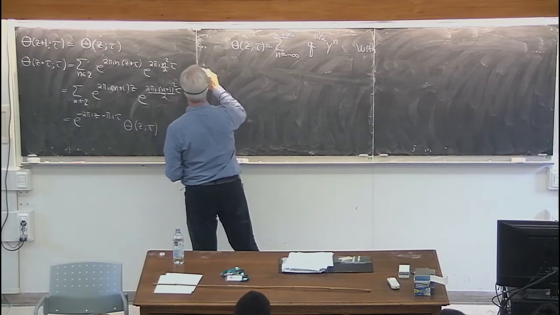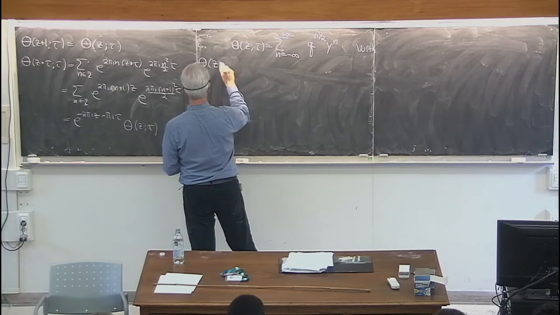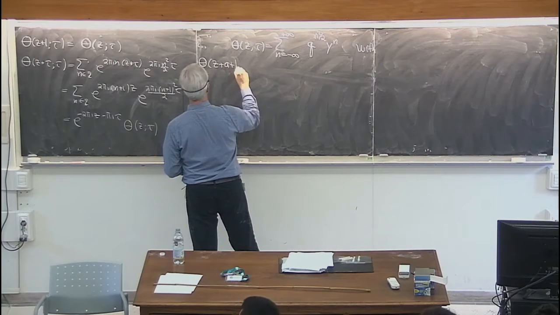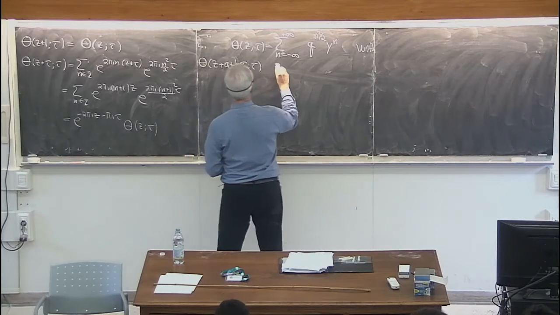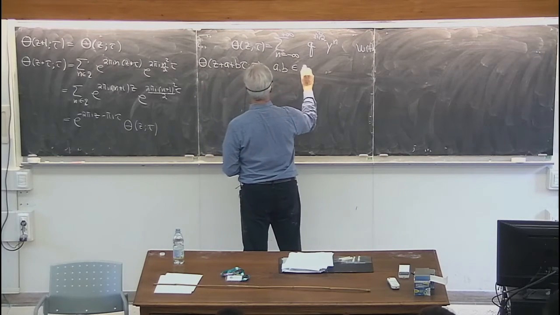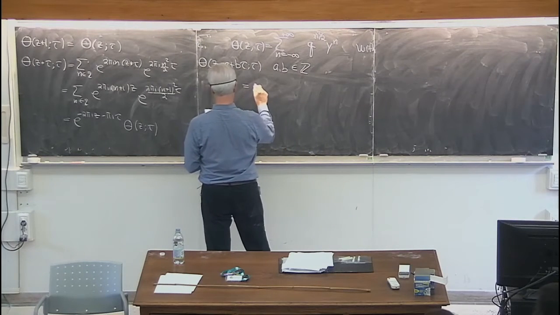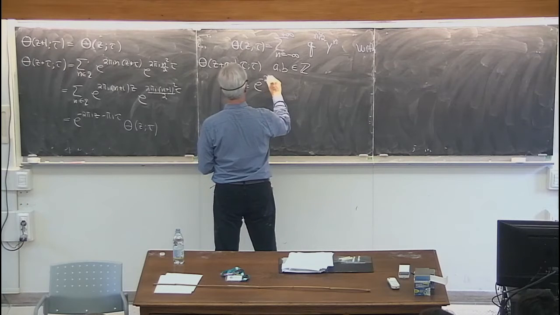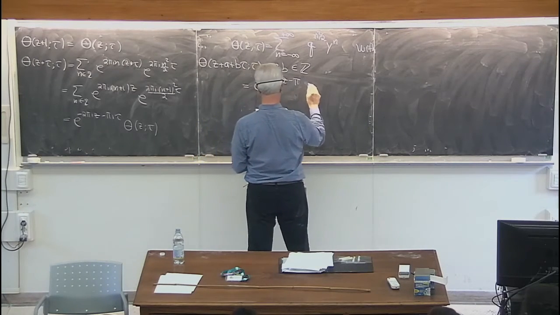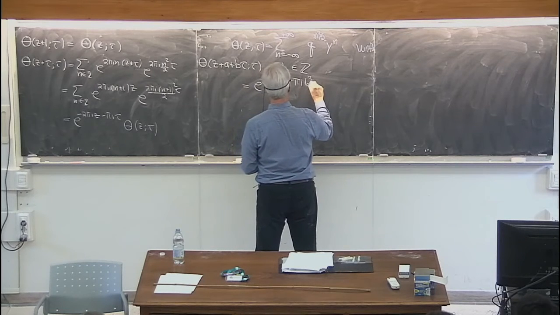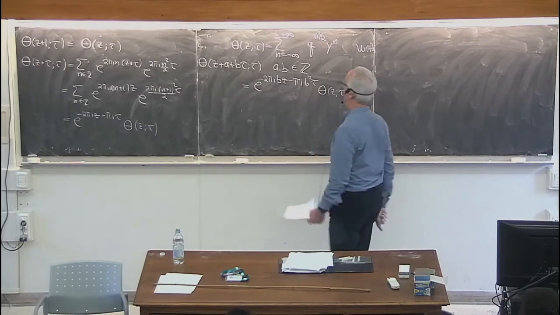And if you want, it's easy to see from these two facts that if I shift z by a plus b tau, where a and b are integers, that I simply get e to the minus 2 pi i b z minus pi i b squared tau times theta of z and tau.